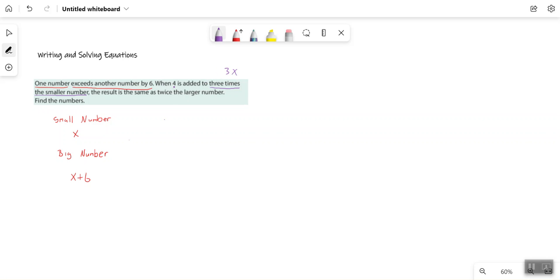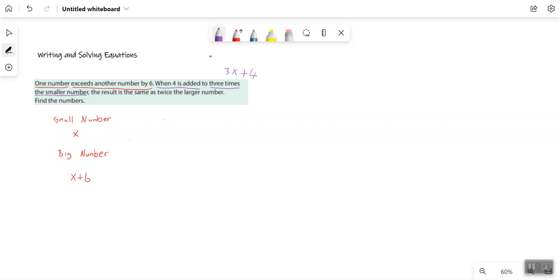And it says that when 4 is added to 3 times the smaller number, so this is 3 times the smaller number, and then 4 is added, so plus 4. That's going to be one piece of the algebra expression, 3x plus 4.